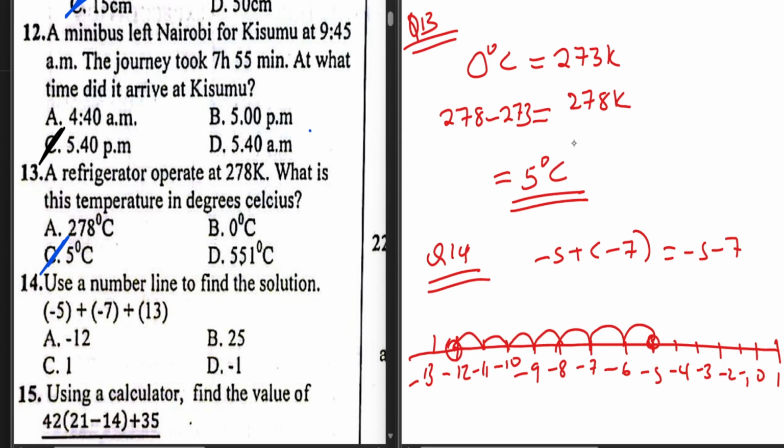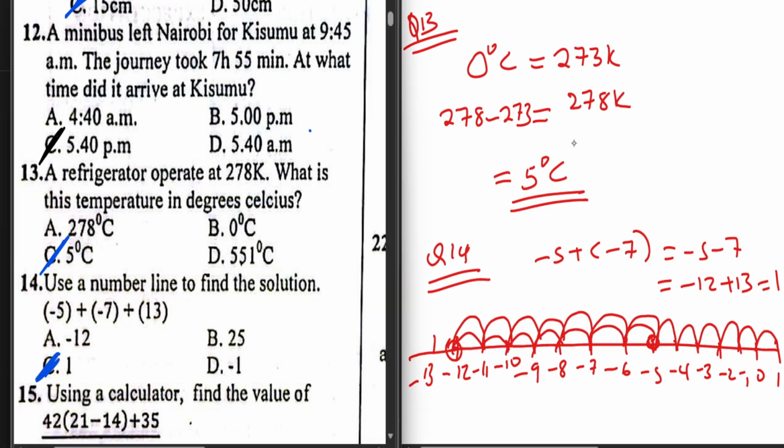Then add 13, so you need to go forward 13 times: 1, 2, 3, 4, 5, 6, 7, 8, 9, 10, 11, 12, and 13 to give you +1. So your final answer is +1, not -1.